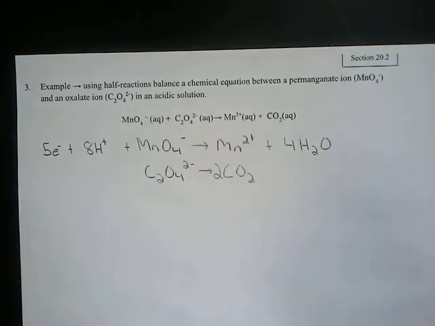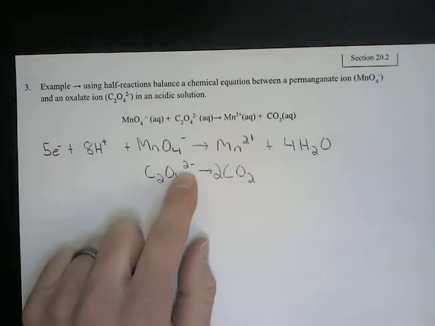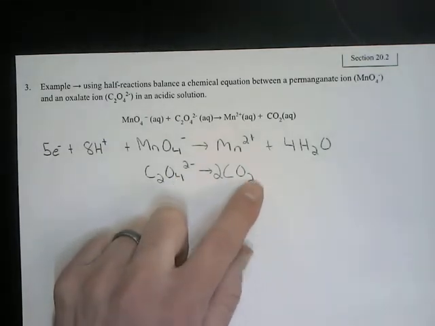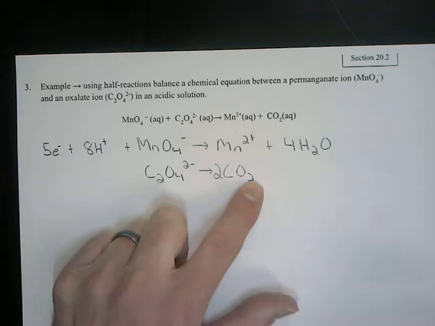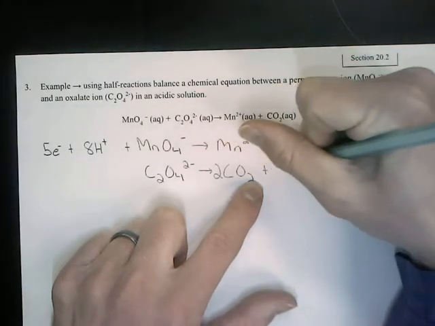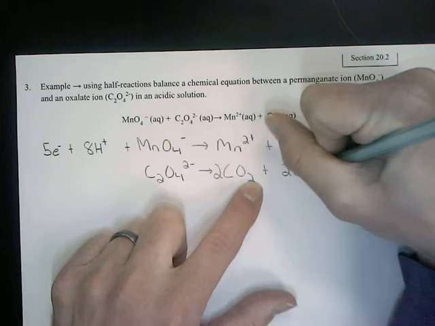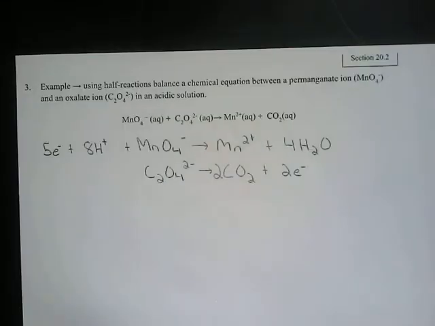Okay, so we're good. We don't have to worry about waters or H pluses here on our oxidation half reaction. But we do need to worry about charge. So over here we have a 2 minus charge, and over here we have a 0 charge. So we can only add electrons. To make this balance, we add 2 electrons. Okay, so again, that's all we can do right now.